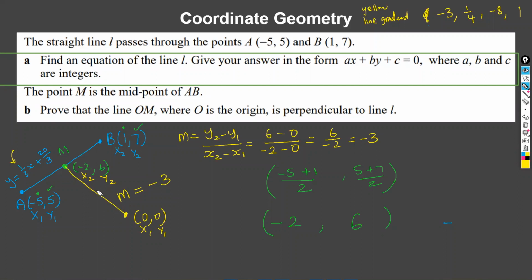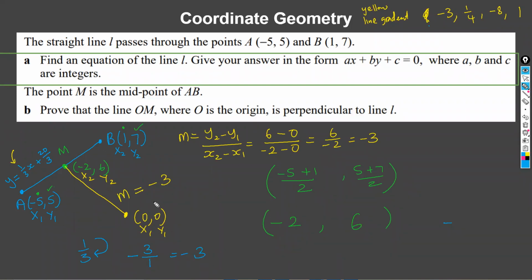So these two lines are in fact what? Perpendicular. Because remember, if two lines are perpendicular, if you look at the blue gradient, which is 1/3, and we flip this, we get 3 on 1. And if we change the signs, we get back the minus 3. Remember, you saw that in the videos.